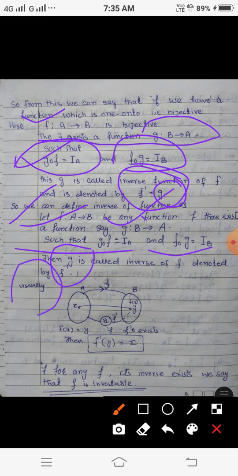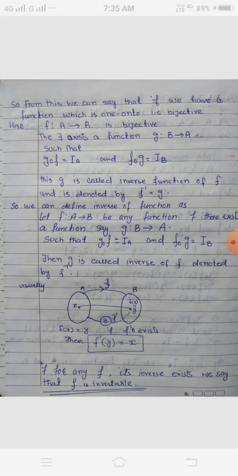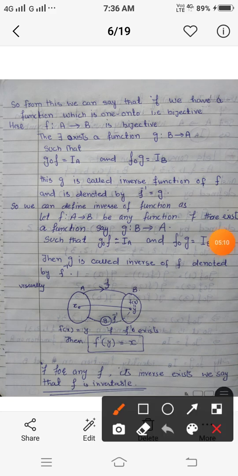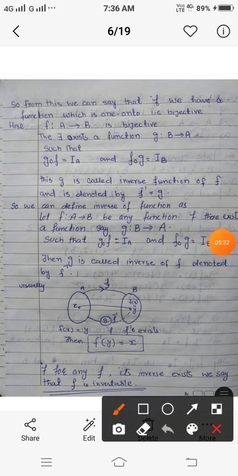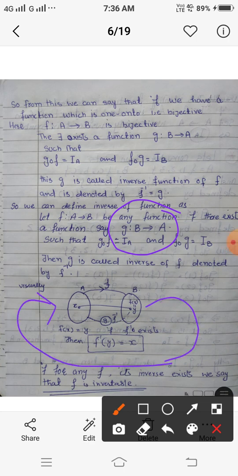So visually we can say that f is the given function from A to B. Here we have set A, here we have set B. Now f is a function from A to B, that is, if we consider an element x in A which is mapped to y of B, then f of x is y. Now for f there exists a function g from B to A, where B is the domain of this new function and A is its codomain.